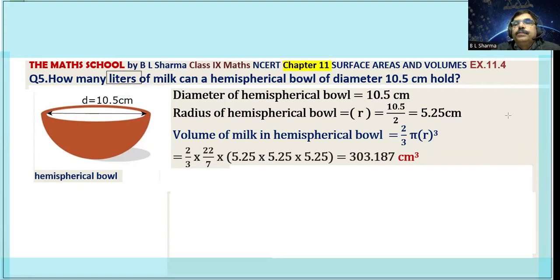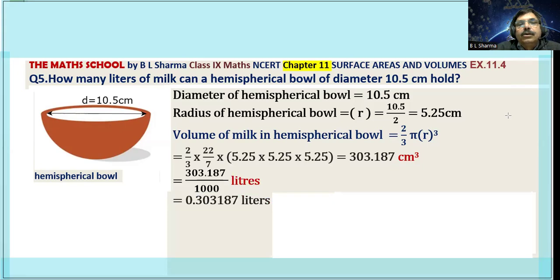So we know that 303.187 upon 1000, because 1000 centimeter cube is equal to 1 liter, that is 0.303187 liter.